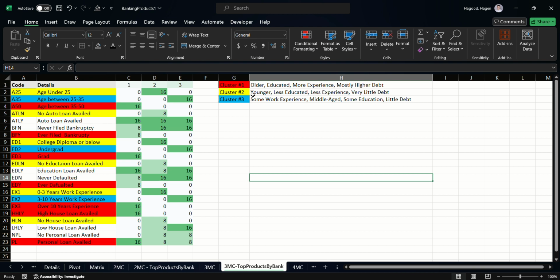Cluster 2 seemed to be younger people who were less educated than cluster 1. They had less experience, but they also had very little debt. On the other hand, in cluster 3, the people had some work experience, were mostly middle-aged, had some education, and little debt. So they're kind of in between cluster 1 and cluster 2.